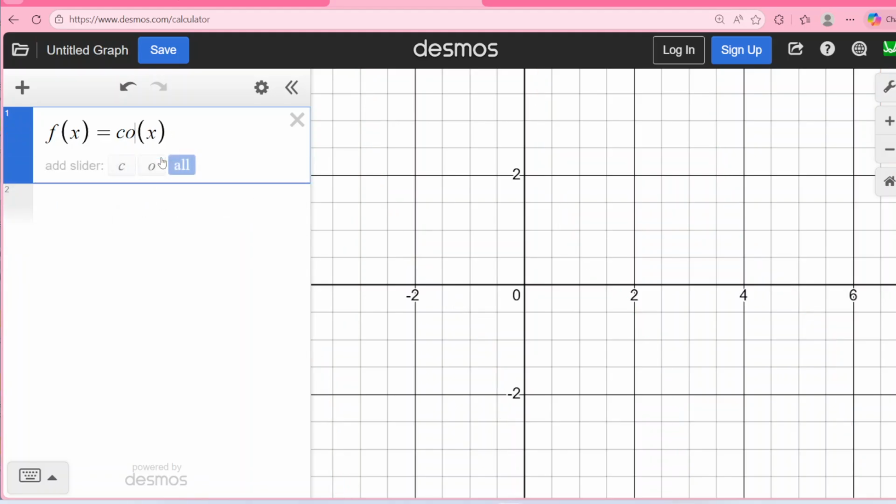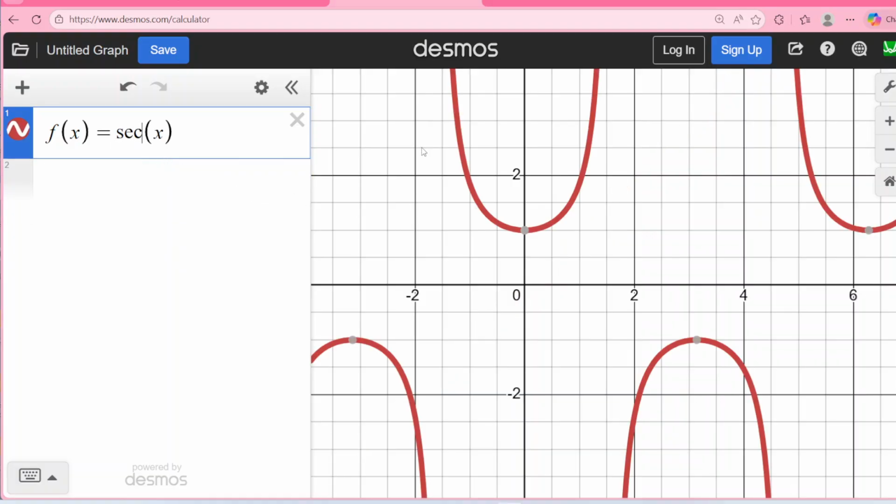So changing cotangent back here to SEC for secant. And you see these opposing U shapes, U up, U down, U up. Again, no x-intercepts, right? The graph has an output of 1 or higher, or -1 or lower.